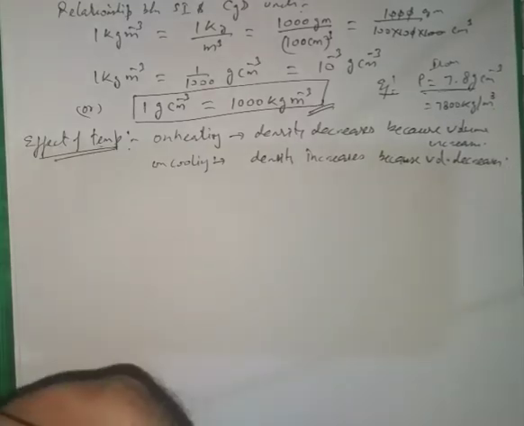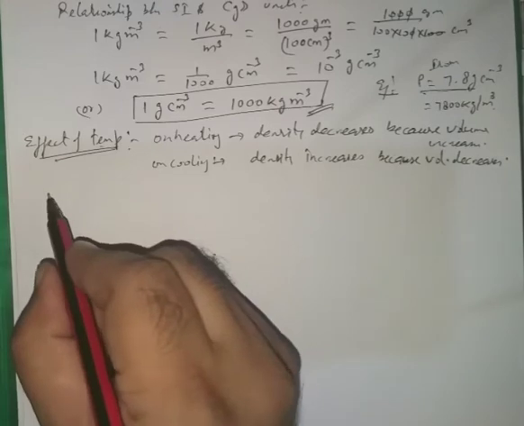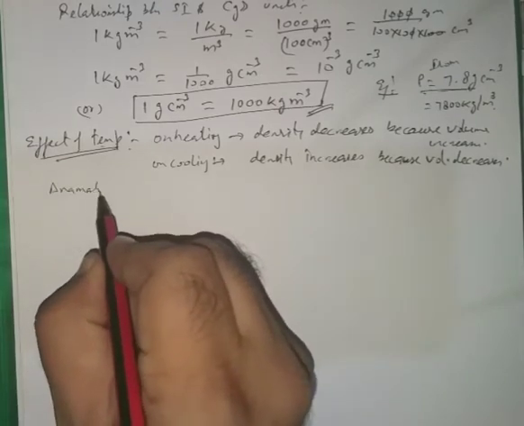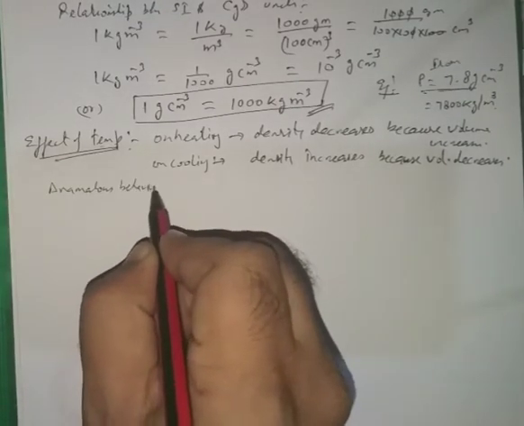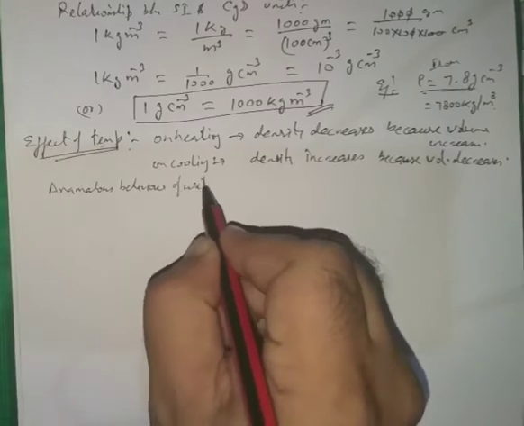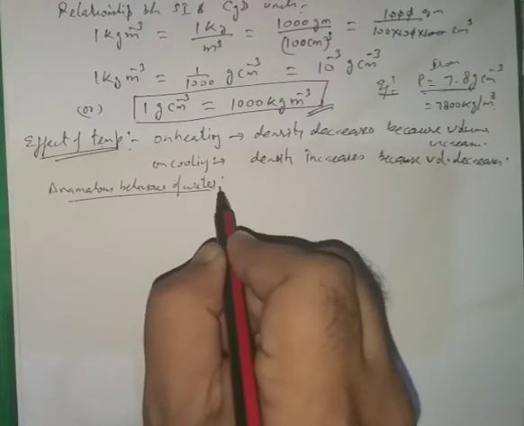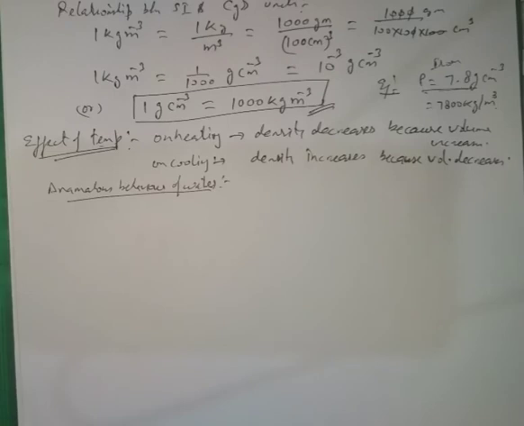Now there is one exception also. We have already seen the anomalous behavior of water. We have already seen this in the heating chapter. What we observed is, on cooling the temperature of water below 4 degrees Celsius, its density increases.